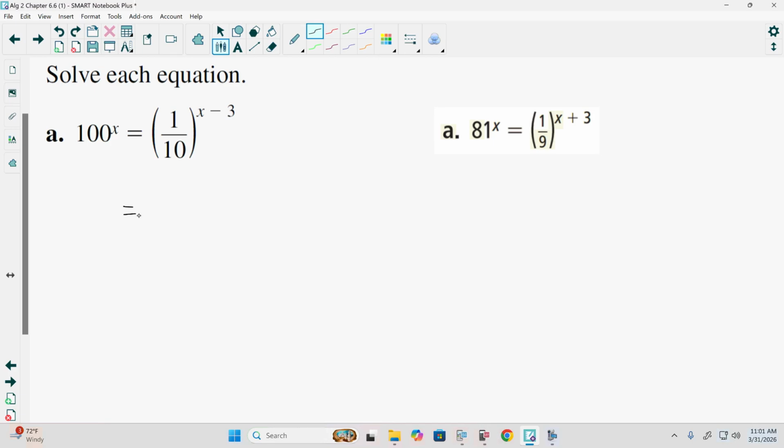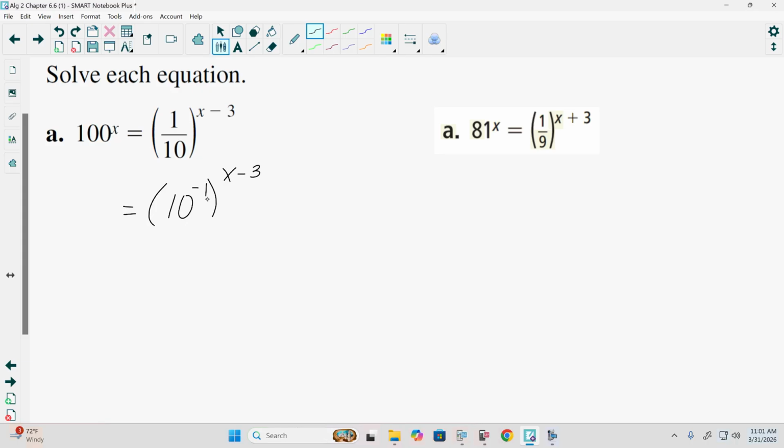1/10 to the x minus 3. Well, it'd be nicer if it was 10 instead of 1/10, yes? We can get that, because if we move a number from the bottom of the fraction to the top, or top to the bottom, its exponent goes from positive to negative, or negative to positive.